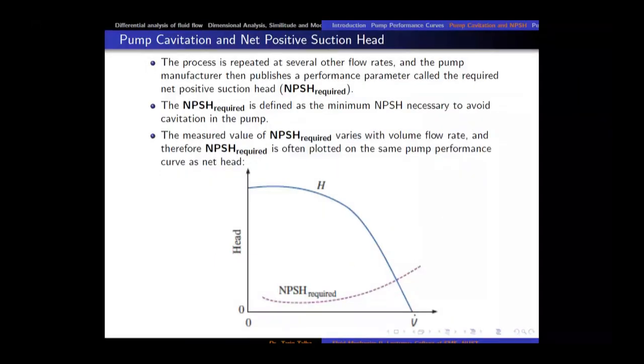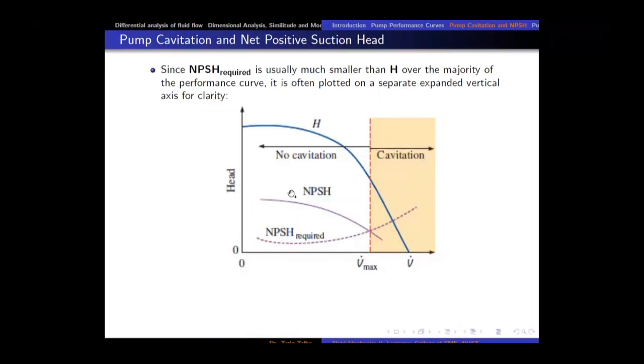And then there is another net positive suction head, which is available. This is called the net positive suction head available. Now, what is the difference between available head and net positive suction head? There is a difference of vapor pressure.